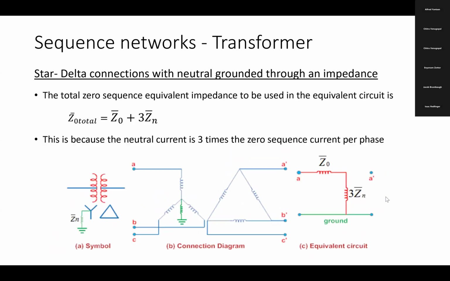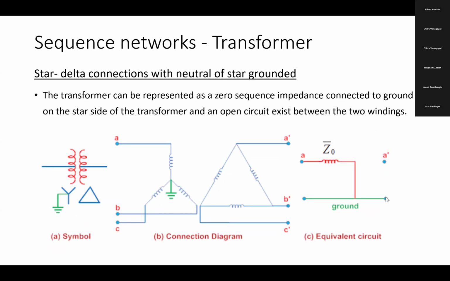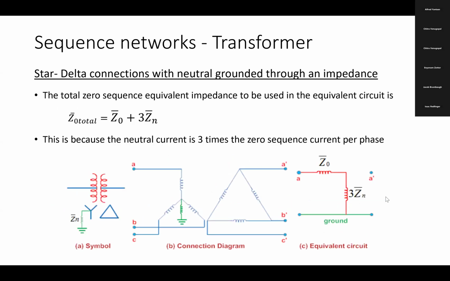Now, in the previous cases, ground is straight connected to the ground without any impedance. Suppose the impedance comes in the ground, then that impedance must be replaced by 3ZN. Whereas it's delta, so there is no connection between them.